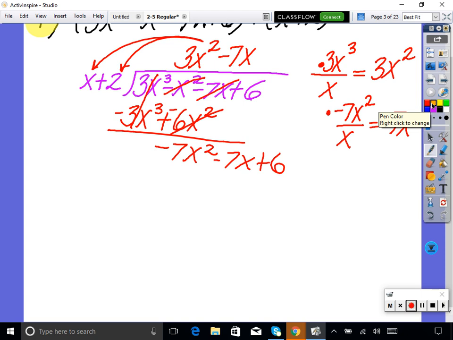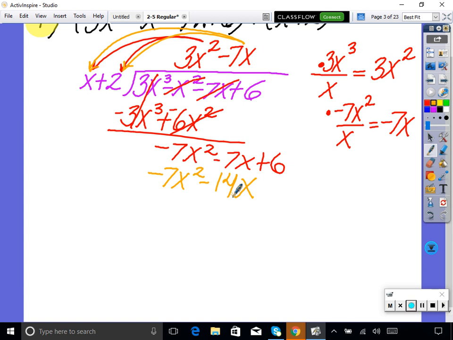Okay, next step, keep going around the roundabout circle. So careful right here, negative 7x times positive x is, you're right, negative 7x squared. Negative 7x times positive 2 is, yep, negative 14x.